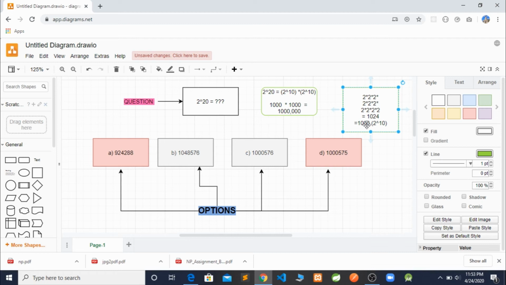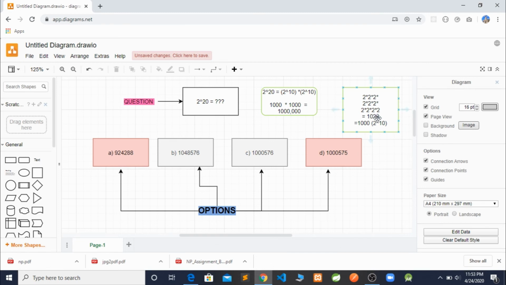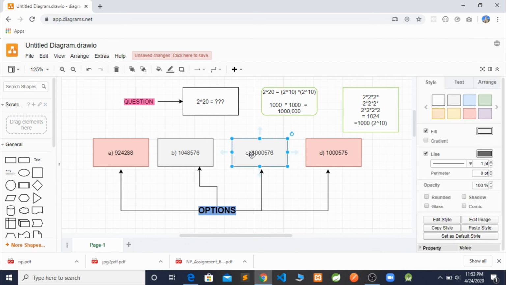So even if we multiply 24 times 24, and 25 times 25 is 625, it comes out to be around 600. To be exact, it's 576. So this option exactly says 10 lakh 576.